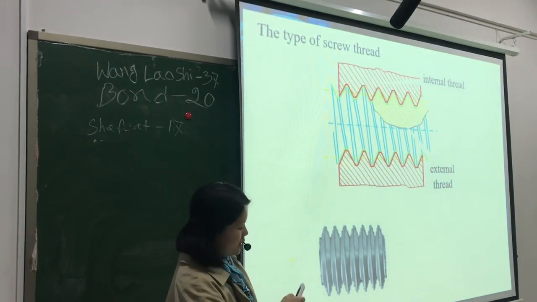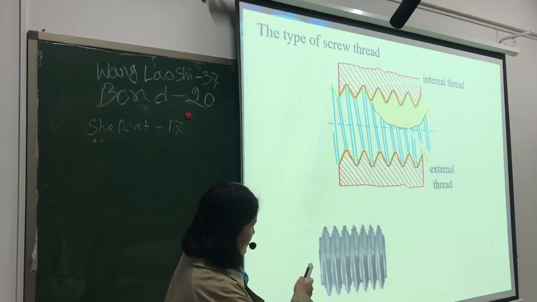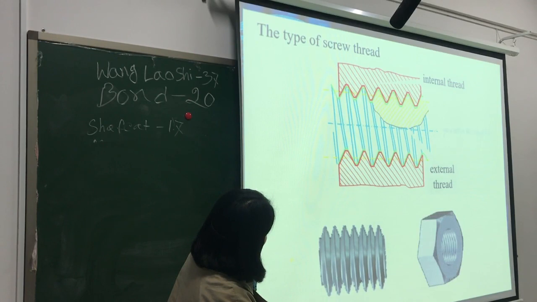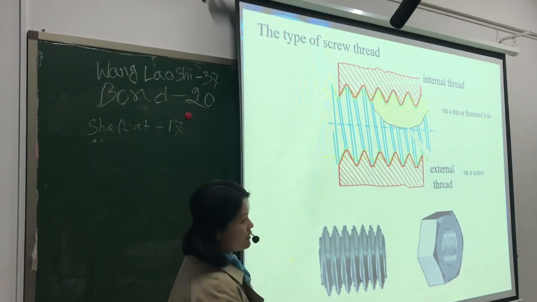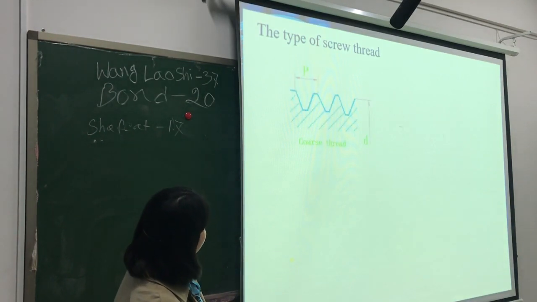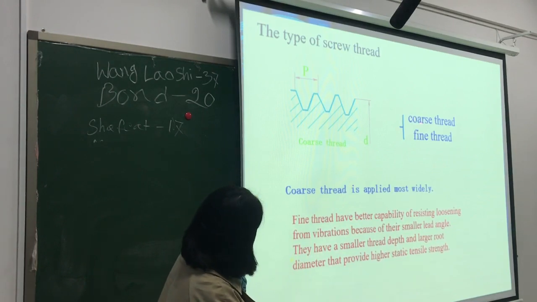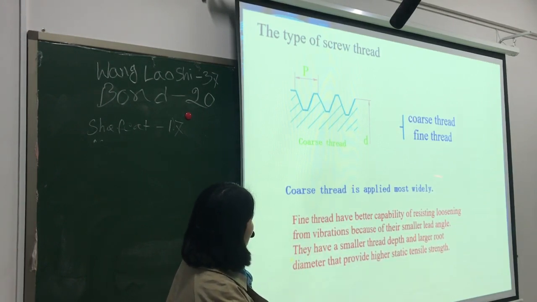According to the position of thread, there is an internal thread and external thread. Internal thread is the thread on a nut or hole, and external thread is the thread on a screw. The coarse thread is used most widely, and fine thread has better capability of resisting loosening.